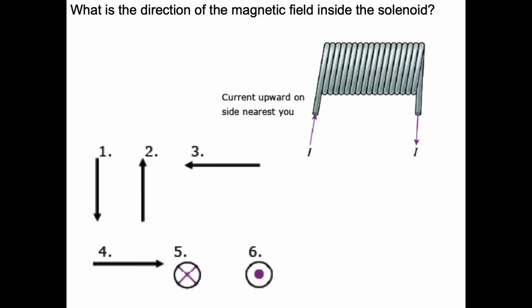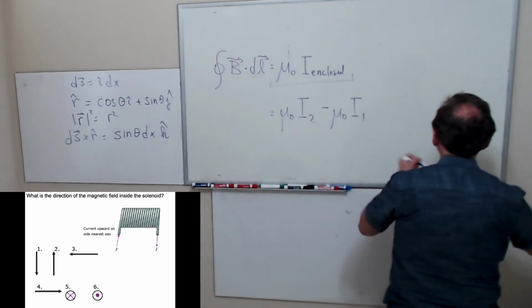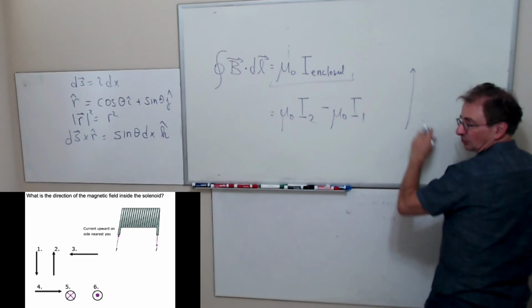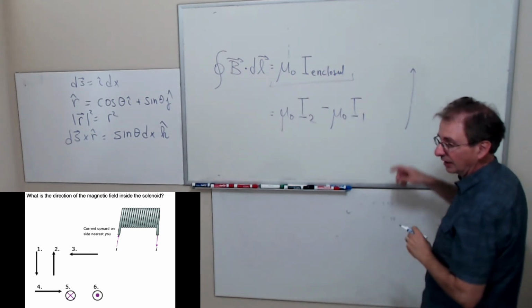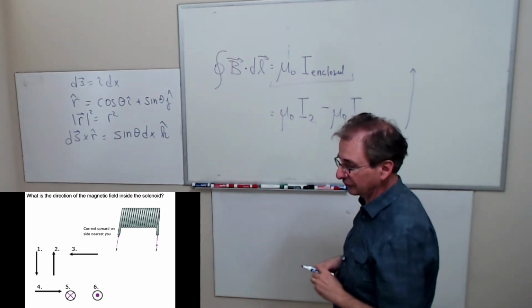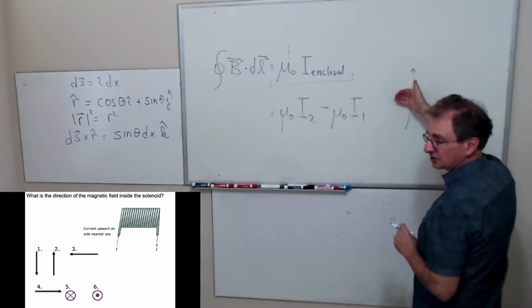So all you got to do is use the right-hand rule. And what I would do, I look at the one on the left. All I have to do is look at the current coming in on the left. My thumb points in the direction of the current.